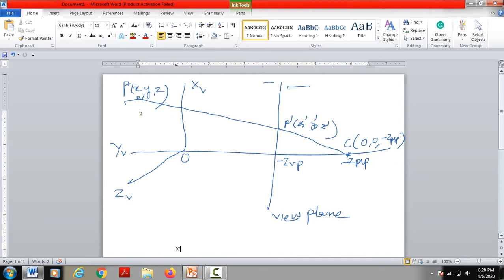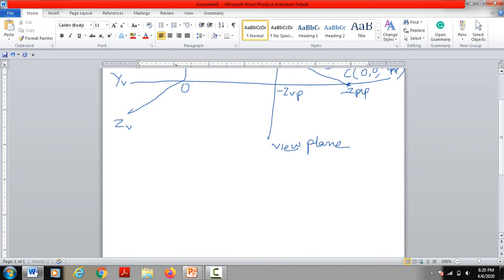The parametric equations for this perspective projection can be written as x dash is equal to x minus x prp times u, y dash is equal to y minus y prp times u, z dash is equal to z minus z minus z prp times u.